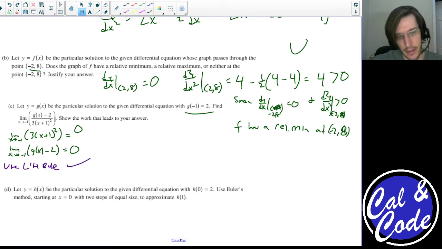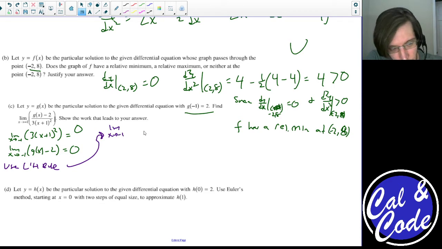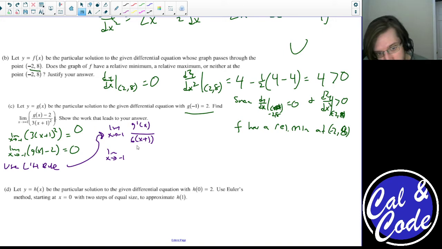And when I do that, I get to take the derivative of the numerator. So the limit as x approaches negative 1, the derivative of this is g prime of x, and the derivative of the denominator is going to be 6 times (x plus 1).